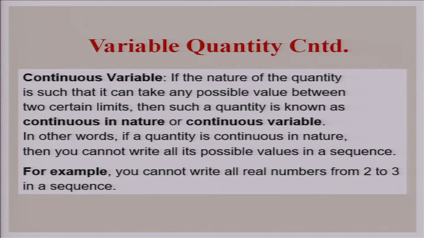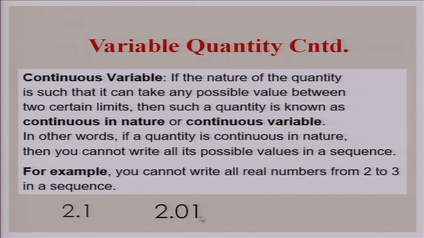Now the continuous variable. A continuous variable means the nature of the quantity is such that it can take any possible value between two certain limits. Such a quantity is known as continuous in nature, or a continuous variable. For example, you cannot write all real numbers from 2 to 3 in a sequence. If you say the next number after 2 is 2.1, this is not the next number, because 2.01 is a number between 2 and 2.1.